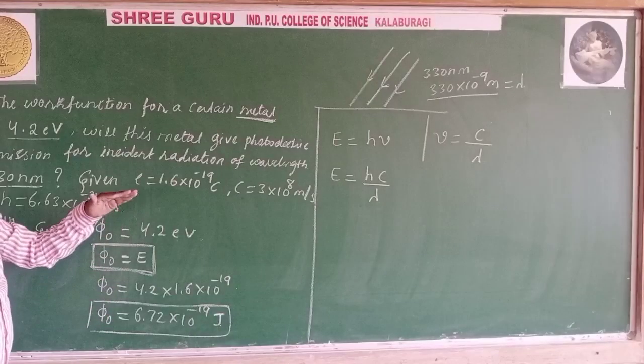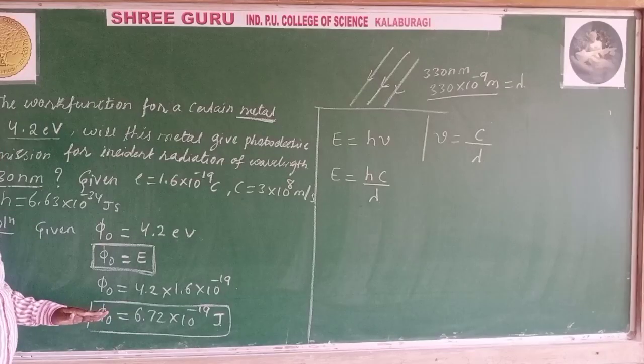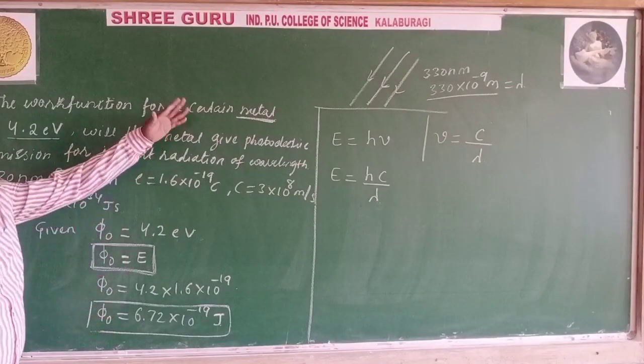If the energy is less than the work function, definitely there is no emission of electrons. If the energy is more than this, then also it is possible to eject the electrons. If it is less, it is not possible to emit the electron from that particular metal.